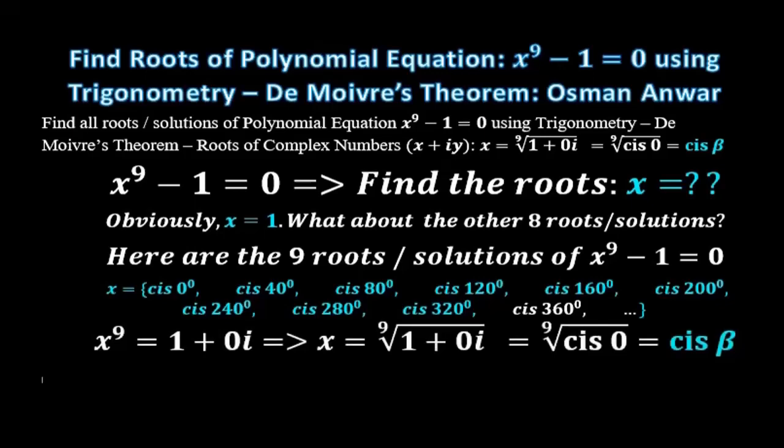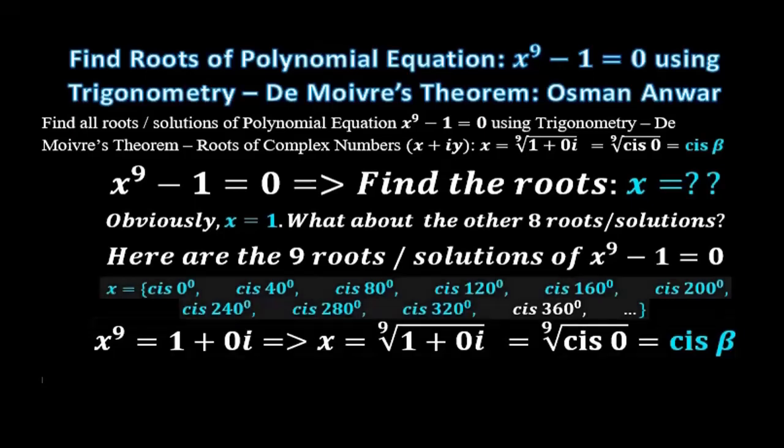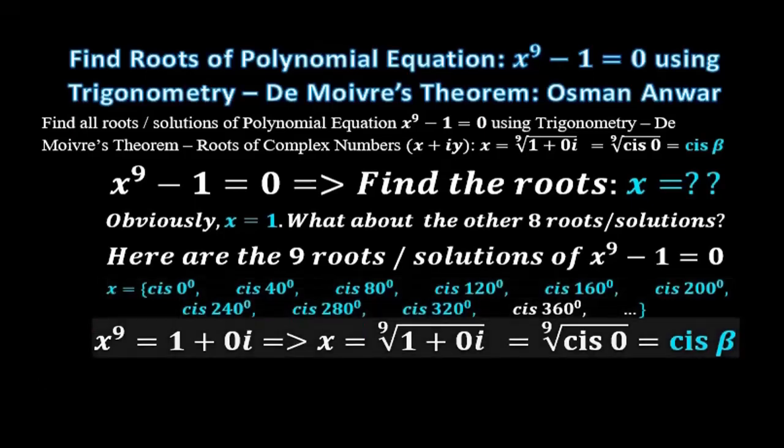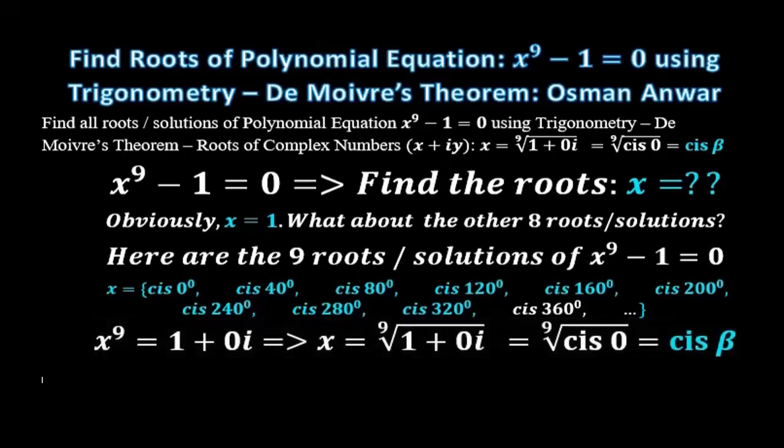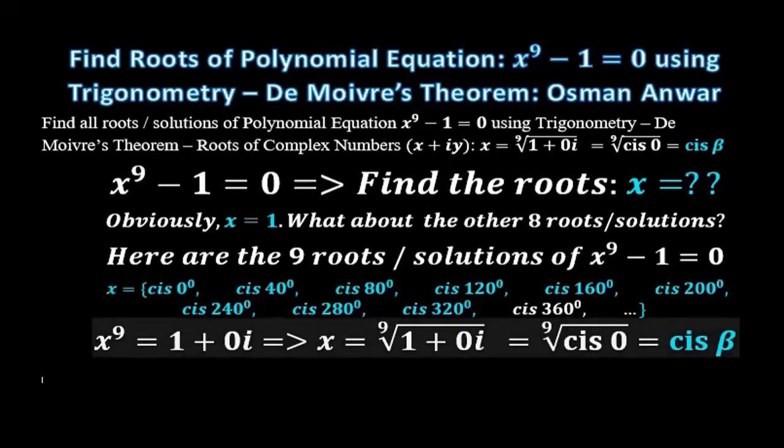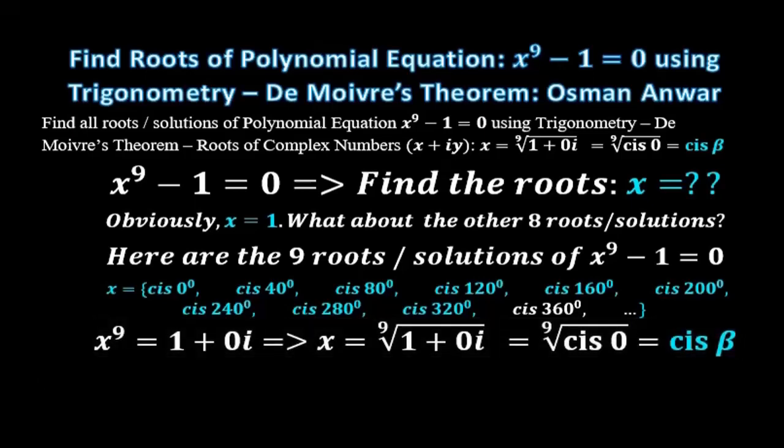So basically, x to the 9 equals 1 is not enough. We have to have x to the 9 equals 1 plus 0i, and that's a complex number, where 1 is a real and 0i is imaginary. That means x is 9th root of 1 plus 0i. That is equal to 9th root of cis 0 equals cis beta, and we'll know what beta is.